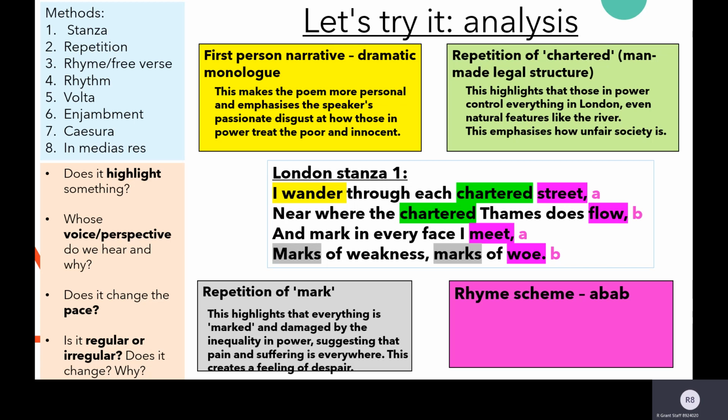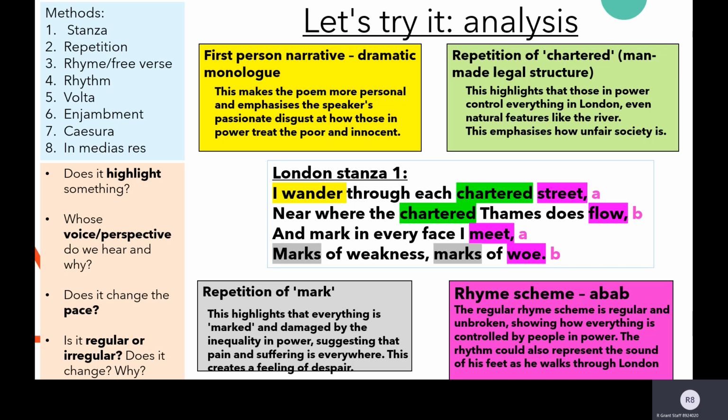Finally, the rhyme scheme. I'm going to use our fourth question. Is it regular or irregular? Does it change and why? And I know this is a regular rhyme scheme, and throughout the poem, we've got this ba-bum, ba-bum, ba-bum, this continuous rhythm, which kind of replicates the speaker as he walks through the streets of London. But also, the very strict rhyme scheme almost links to the control that those in power have over the people of London.